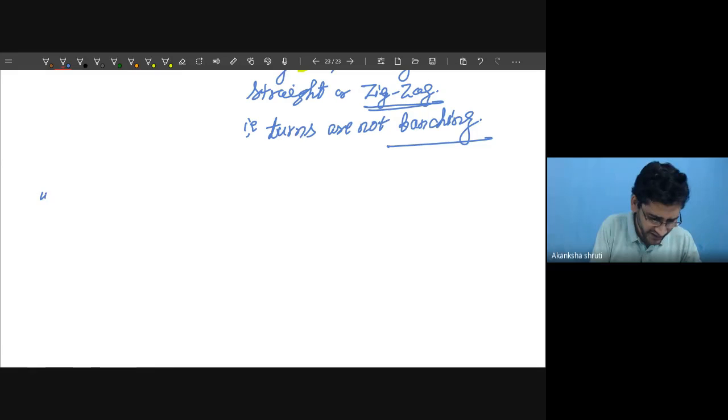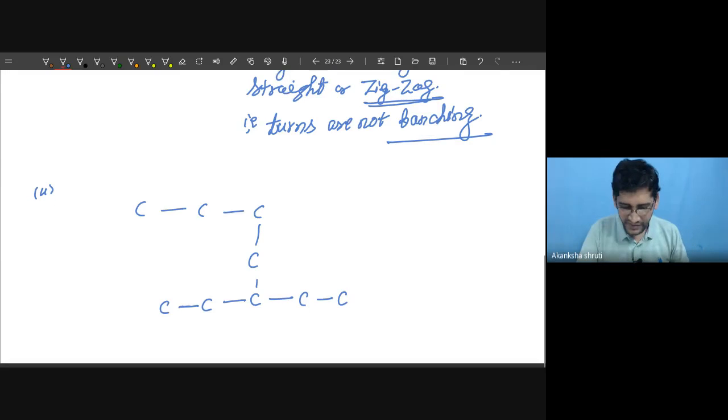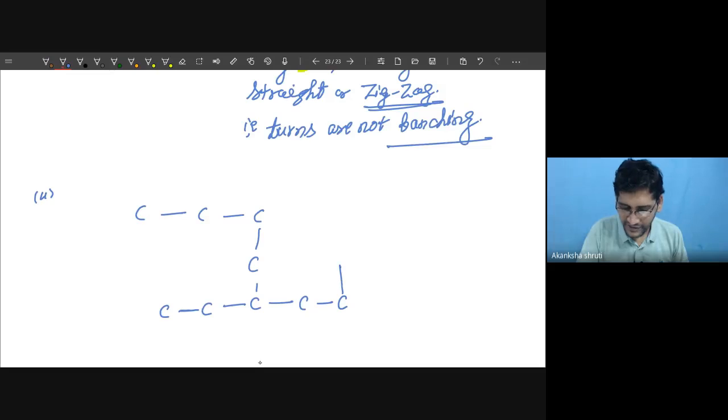So third, if I am taking like this, say 1, 2, 3, 4, 5, then 6, 7, then I am going to add one more on the left hand side, say 8, then say 9, then I'm writing here one more.